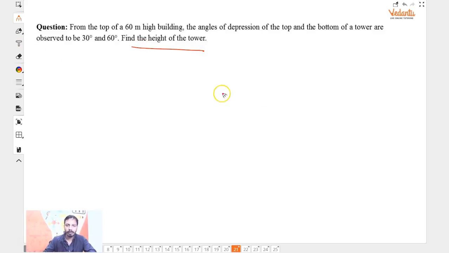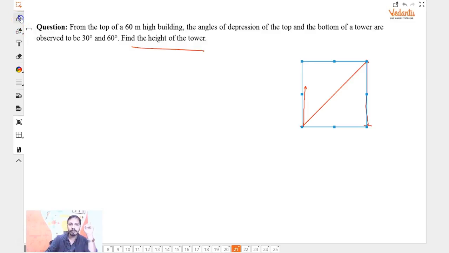They are somewhat similar. So you have a tower here, and you have a building whose height is given. So guys, always remember these word-type problems. Once you draw the diagram properly, 50% of the work is done. Everything else is very, very easy.